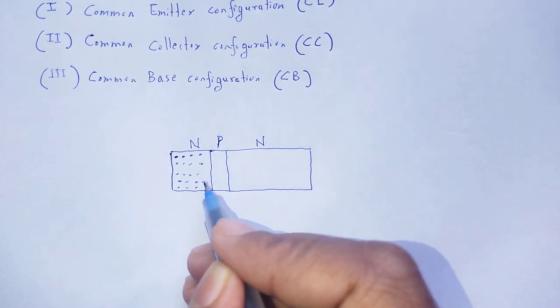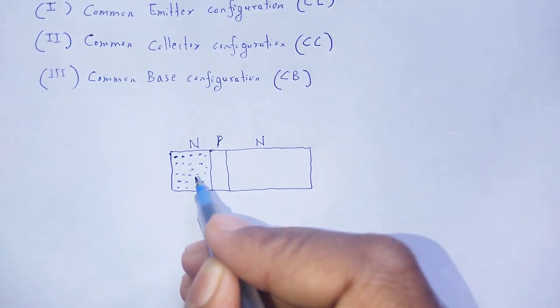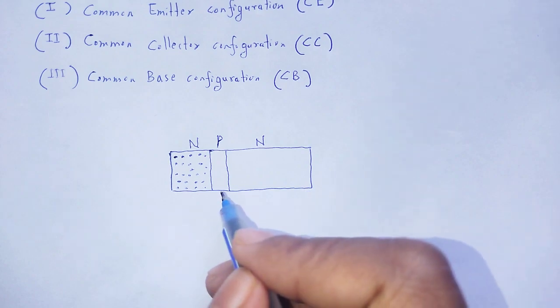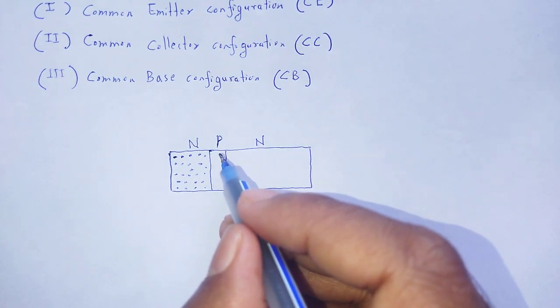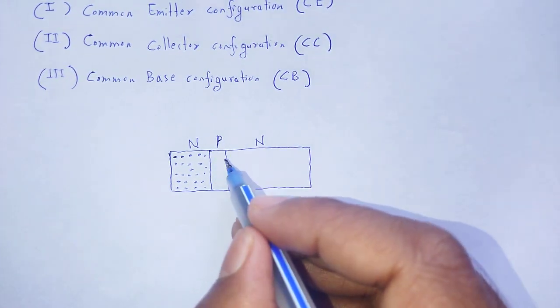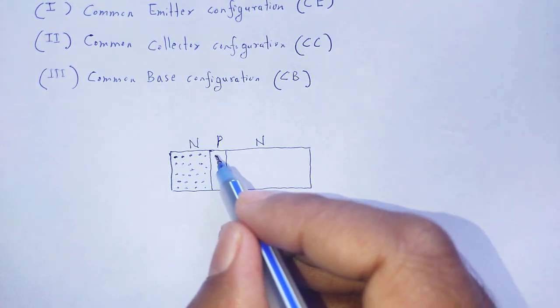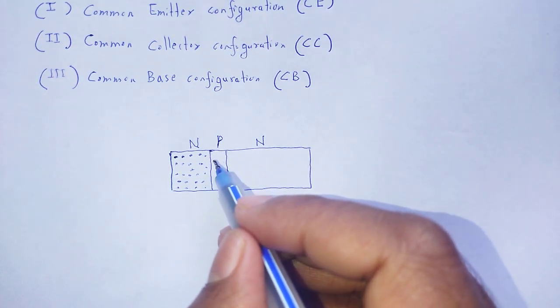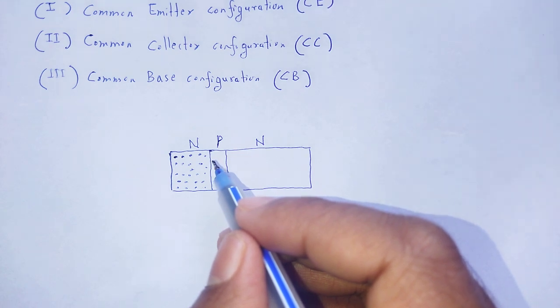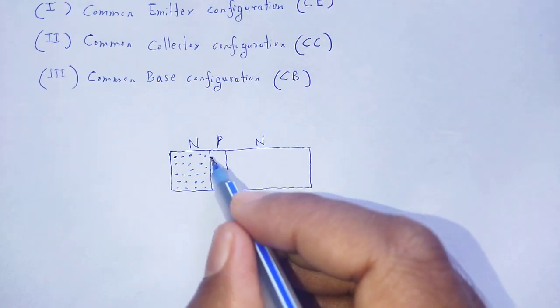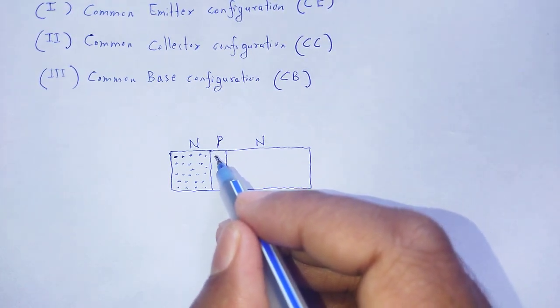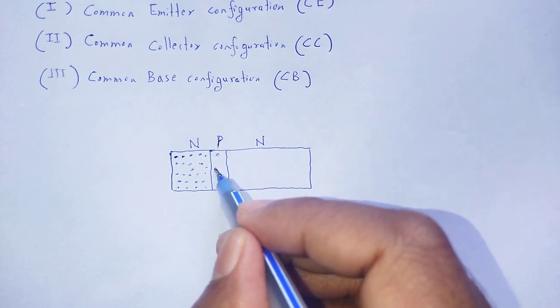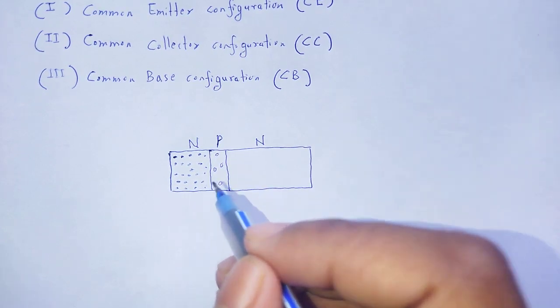And it is less wide as compared to that of the collector. In P type, it is very thin and lightly doped. Here the majority charge carriers are the holes, a small amount of holes.